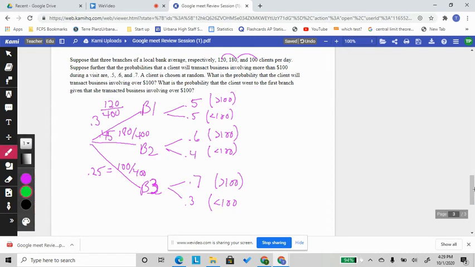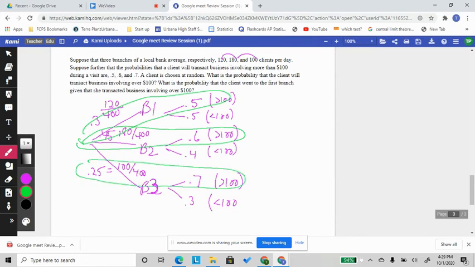So over 100, I can go to branch 1 and do it, go to branch 2 and do my transaction, or I can go to branch 3 and do my transaction. If I went to branch 1, that's going to be 0.3 times 0.5. Went to branch 1 and I did the transaction over 100.